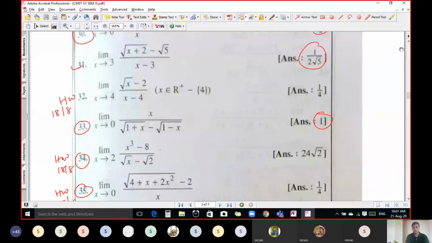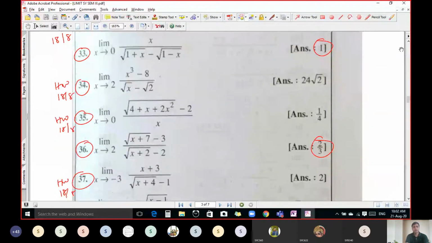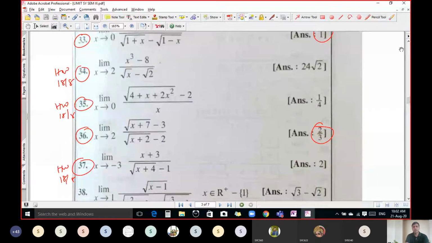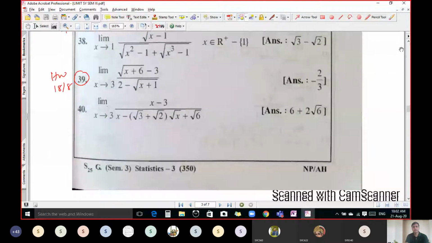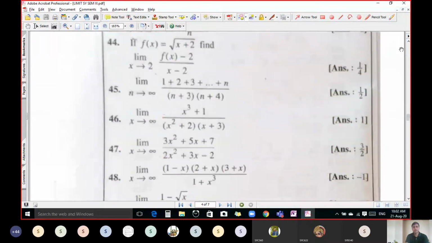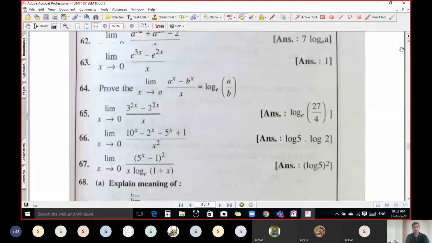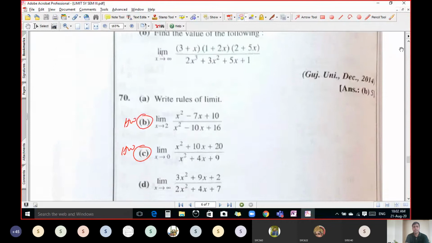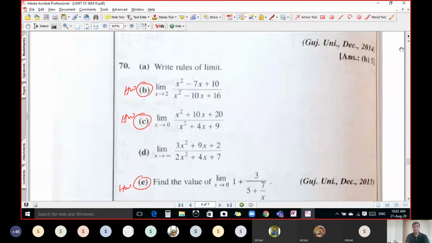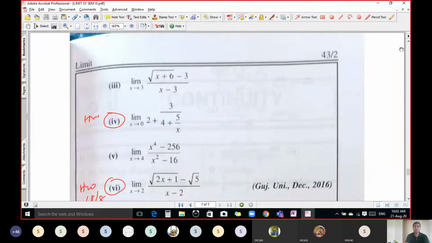Question number 32, 34, 35, 37, 39, 68C, 70B was the homework of the previous session, not the previous of previous.